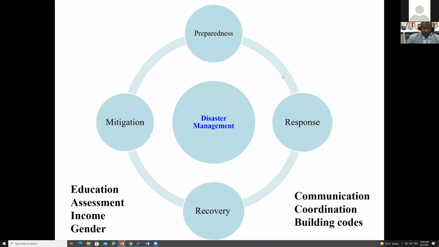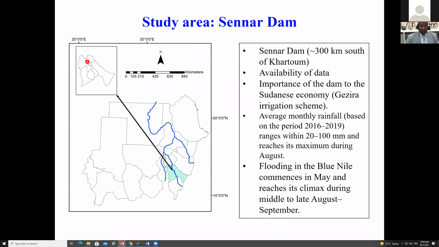As we have seen here, there are many organizations involved at different parts of the disaster management phases. So the key here is communication, between different departments, for example meteorology, people who work in river management, civil defense, and so on. Coordination and building codes matter too, because as we have seen, some buildings do not meet the requirements.